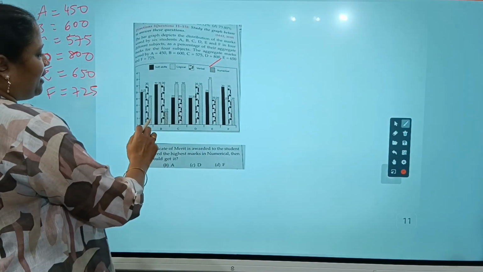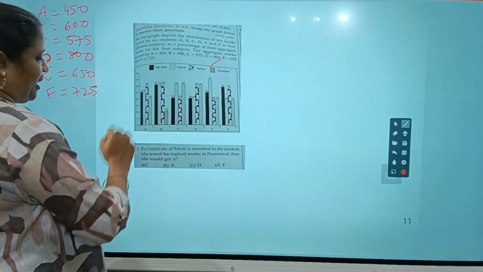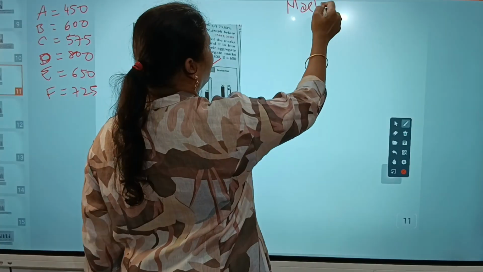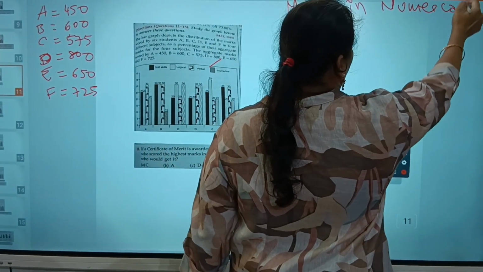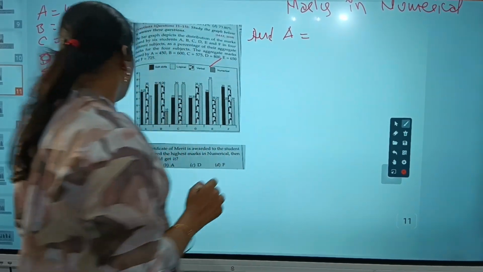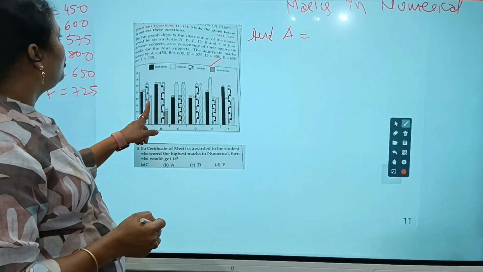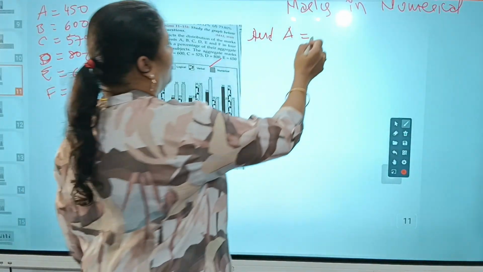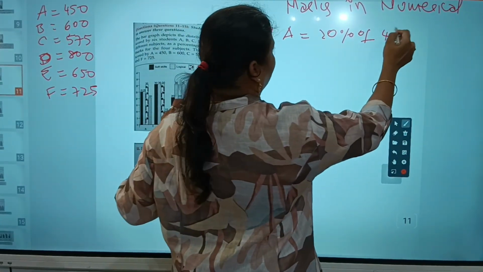Means for each student we have to calculate the marks in numerical. So marks in numerical for student A. How much percentage marks did he get in numerical? 20%. 20% of how much is the aggregate marks? 450.